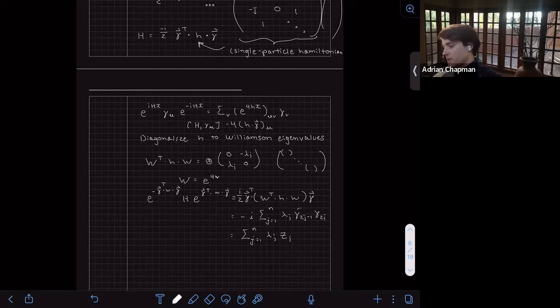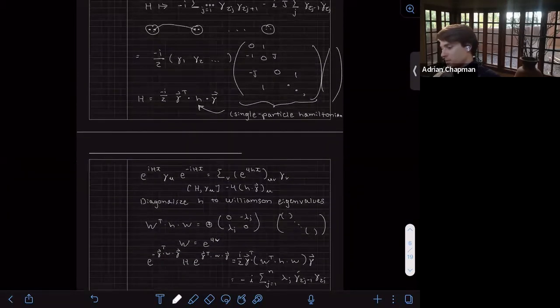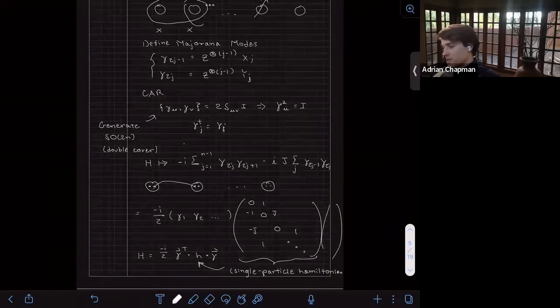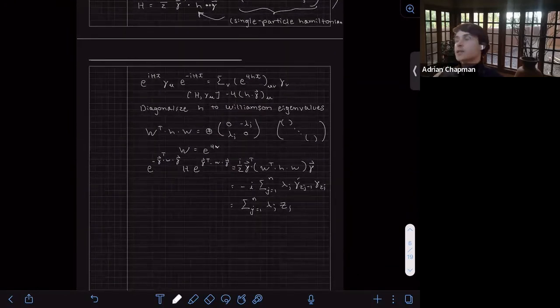When you expand that out, you get this sum of paired off quadratics, so they no longer interact beyond being paired with their monogamous partner. Under the Jordan-Wigner transformation, going backwards, this 2j minus 1, 2j operator is actually just zj. So multiplying these two gives me zj times i. And this is exactly the form of the spectrum that we wanted.